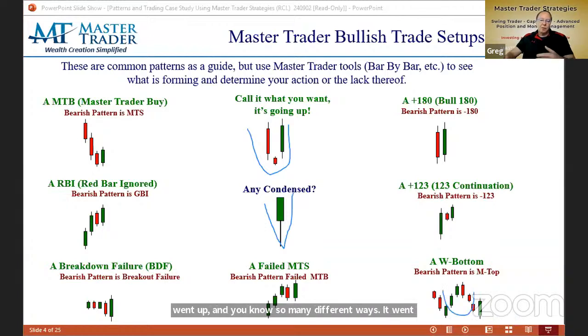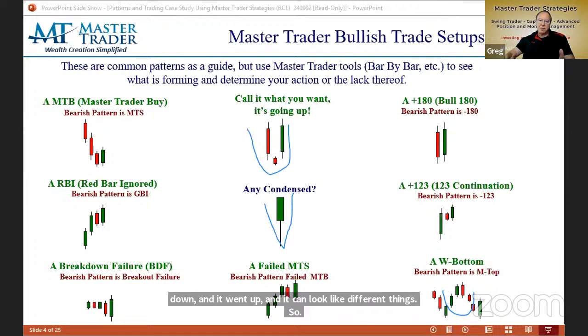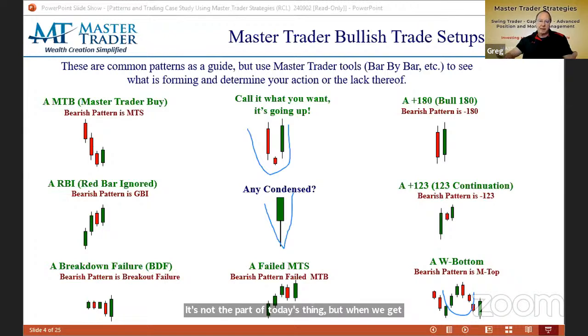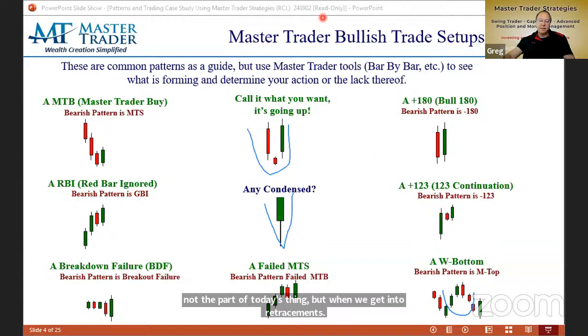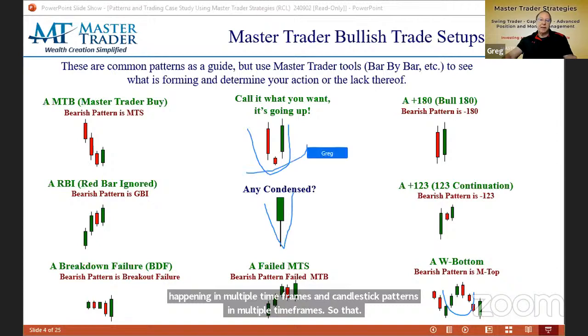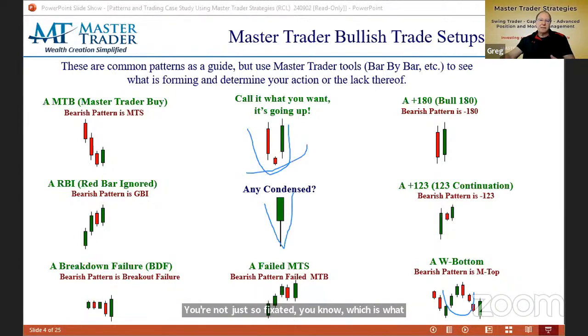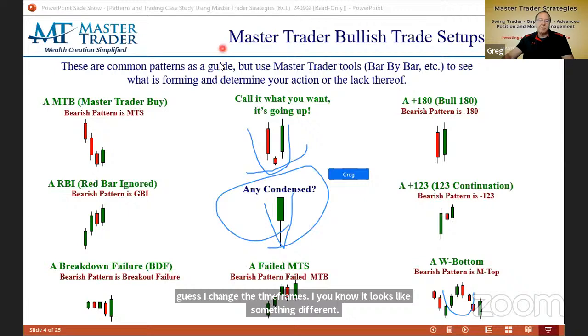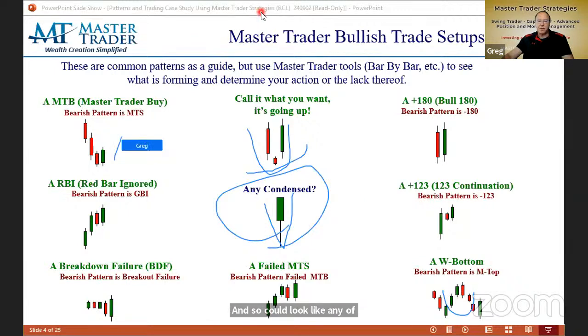It's not part of today's session, but when you get into retracements, you understand that retracements are a big part of understanding what's happening in multiple time frames and candlestick patterns in multiple time frames, so that you're not just so fixated with what candlestick websites and people that promote them are fixated on, like here's this dark cloud cover or whatever else they might want to call it. And as I change the time frames, it looks like something different. It could look like any of these pretty much, because at some point it went down and it went up.